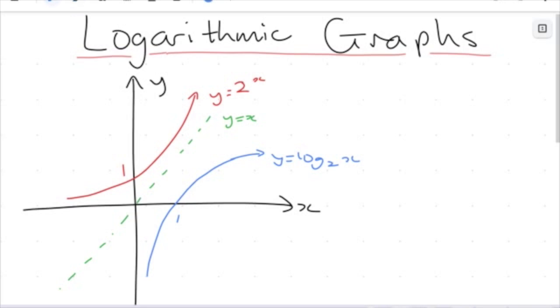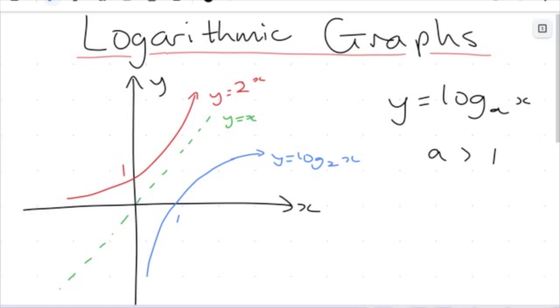So a lot of the logarithms we were looking at were in the form of y equals log to some base a of x, where a is a number greater than 1. So in the previous video we introduced one of these examples.